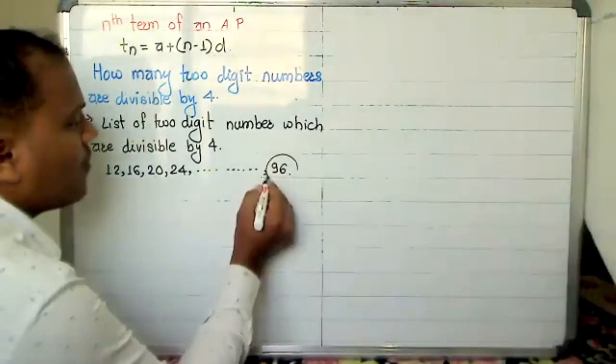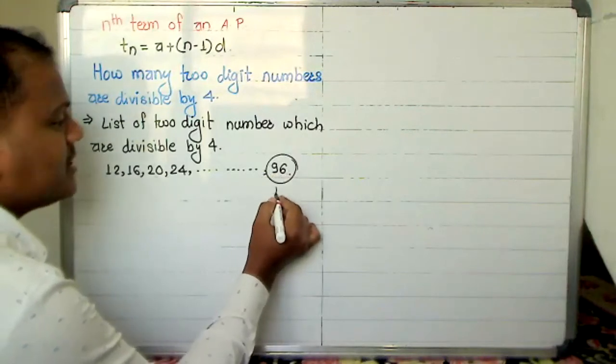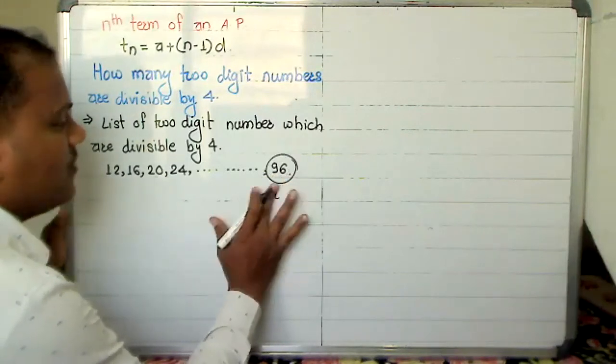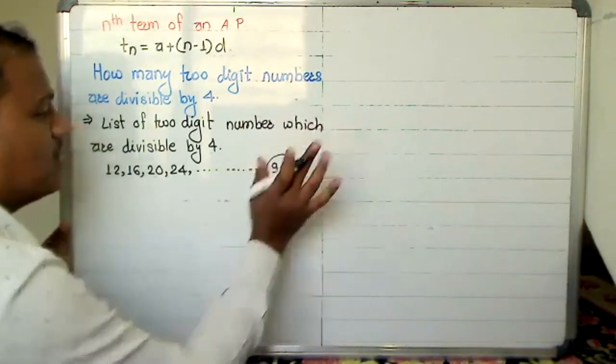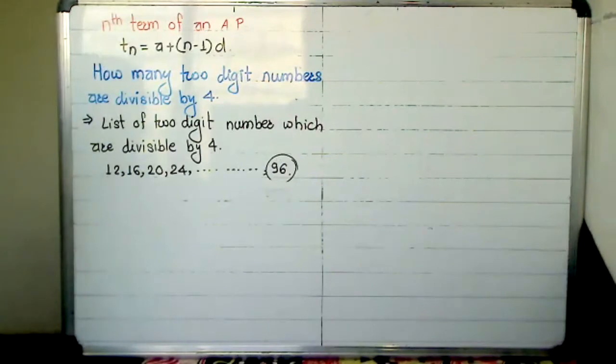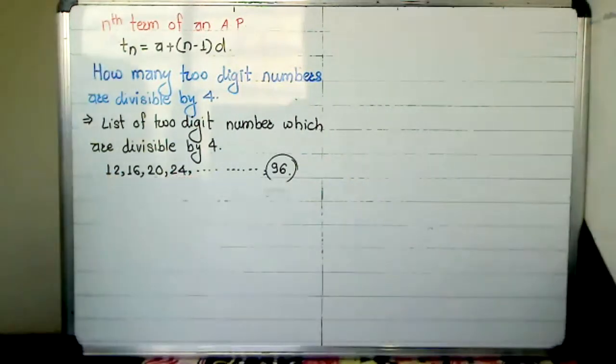Suppose 96 is the nth term, and if we find the value of n, then we have solved the example. In such examples, directly write that this is an AP. The sequence written here is an AP.